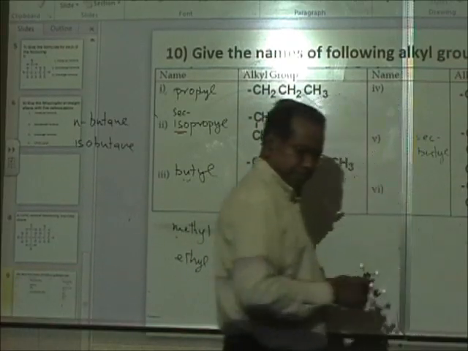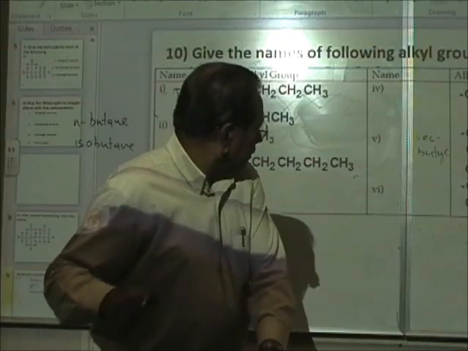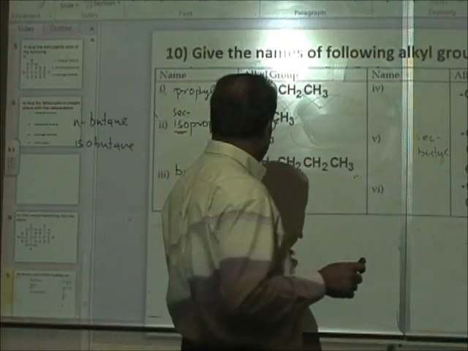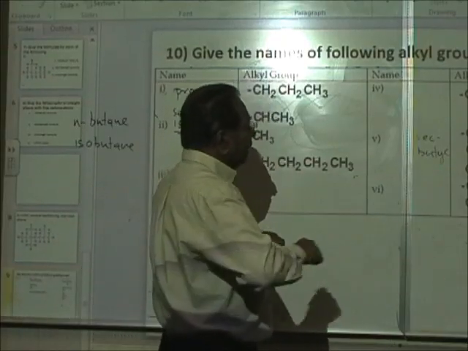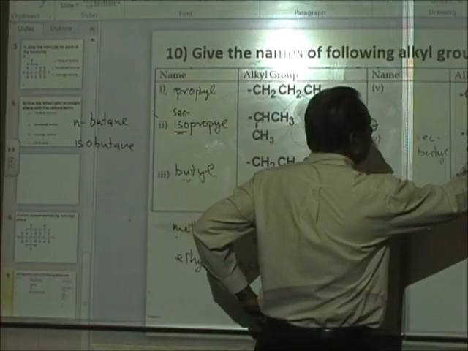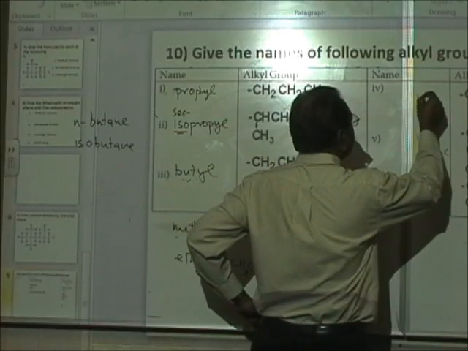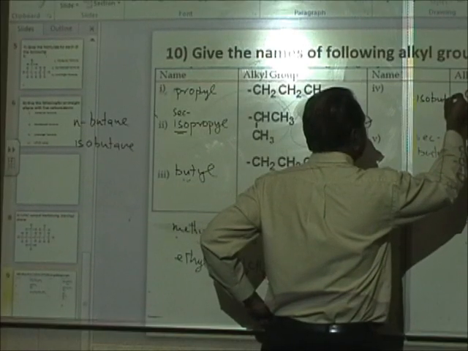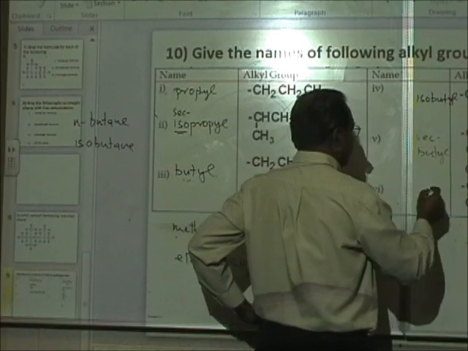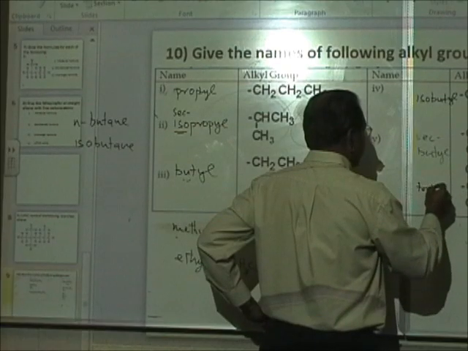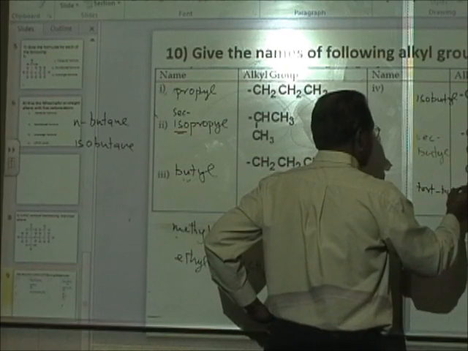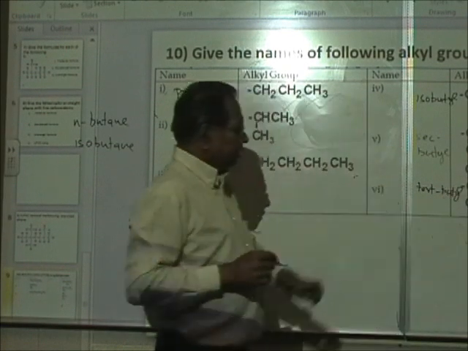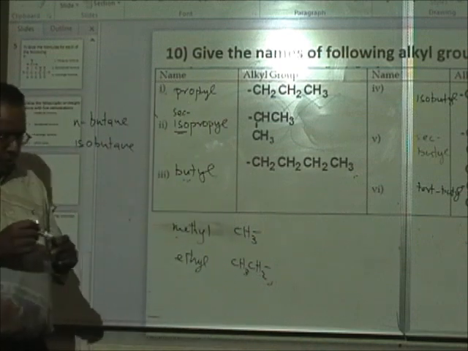This is sec butyl. Okay, butyl, sec butyl. What did we call this? Isobutyl. This one is called third butyl.